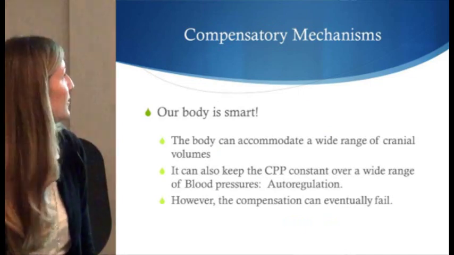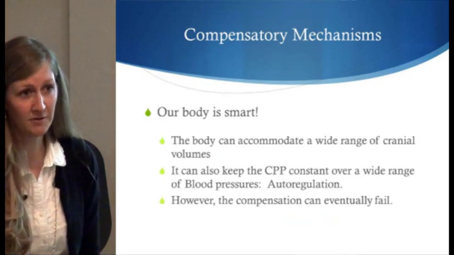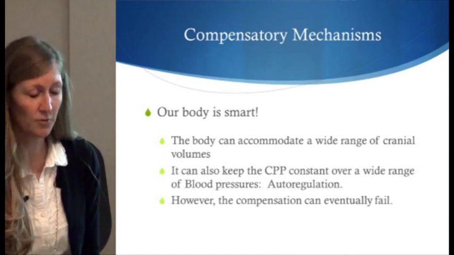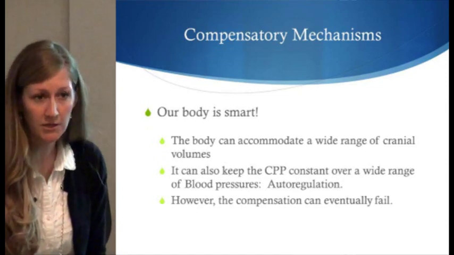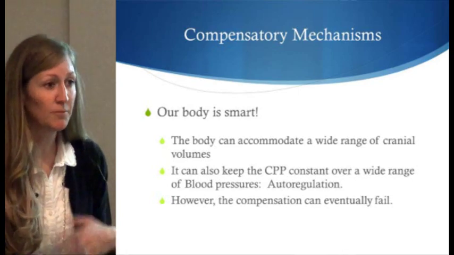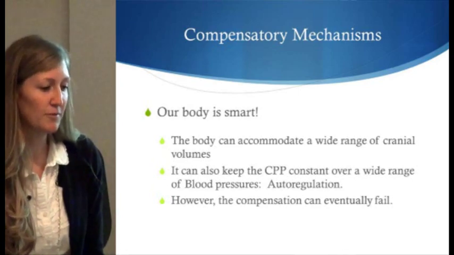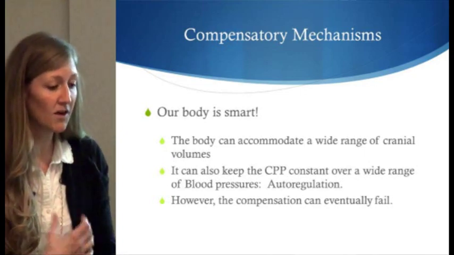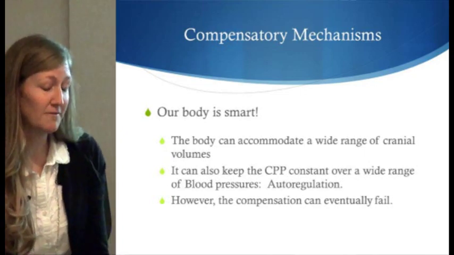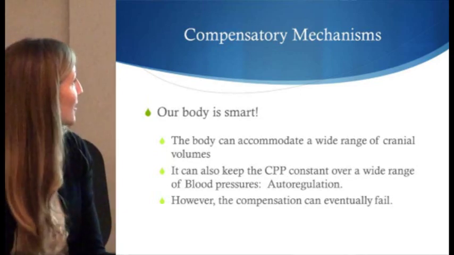Our body is fairly smart, and it can compensate for things like a little bit of blood inside the brain, or a high blood pressure or a low blood pressure, and provide enough perfusion to the brain. But sometimes that can get lost in the injury, and so we lose our autoregulation.